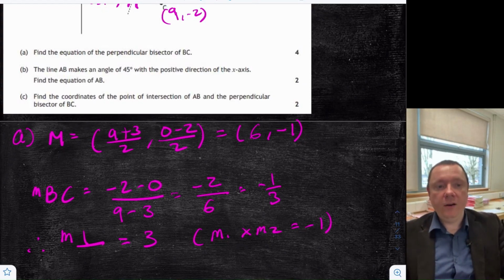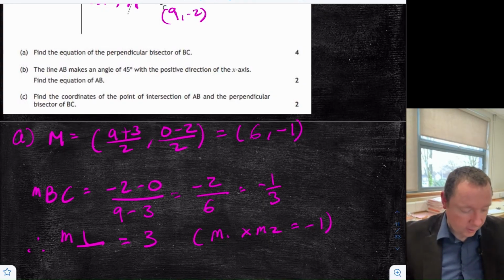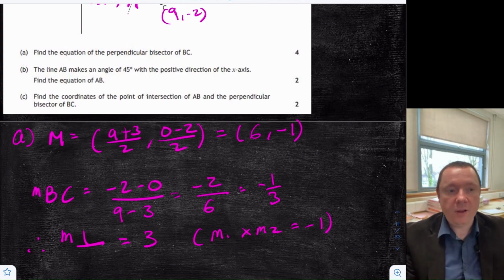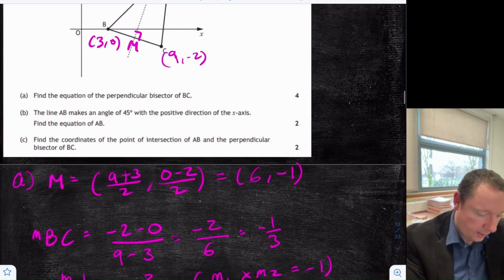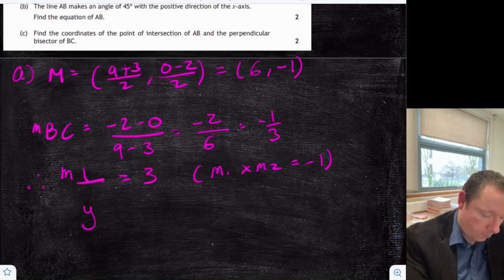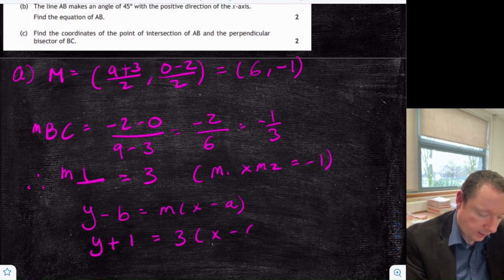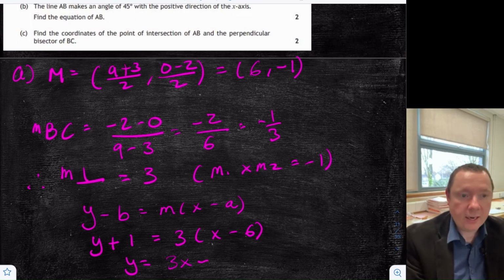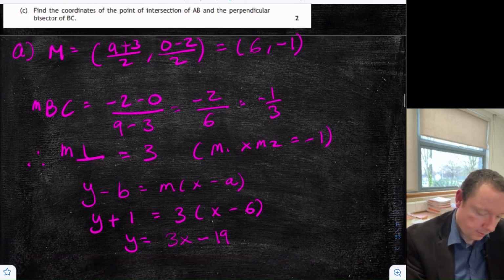And we've got a mark there for getting a gradient of BC, then our perpendicular gradient, and then finally to get our equation of a straight line, using our midpoint, y minus b, m(x minus a), y plus 1 is 3x minus 6, or y equals 3x minus 18, take away 1 is minus 19 for our final mark.